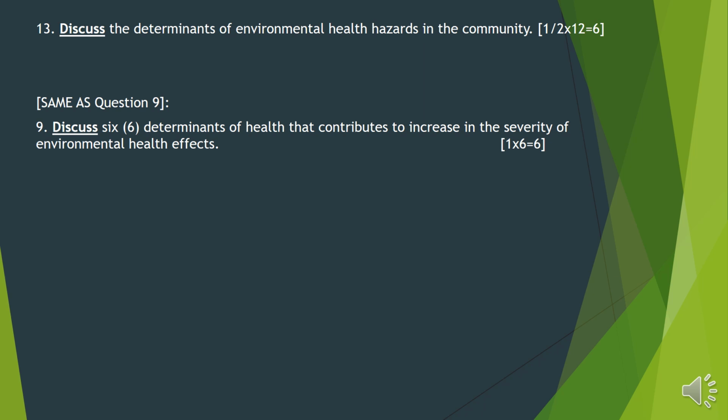So when you discuss, you want to give detail, you want to give similarities, differences, that's you discussing. The only difference here is that in the first question, they didn't specify how many determinants, they just said discuss the determinants, whereas in this second question, they say discuss 6 determinants. But otherwise, again, it's the same question.